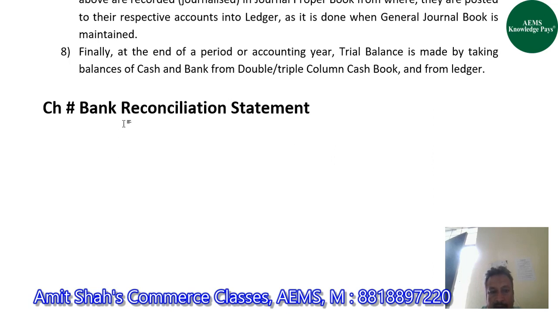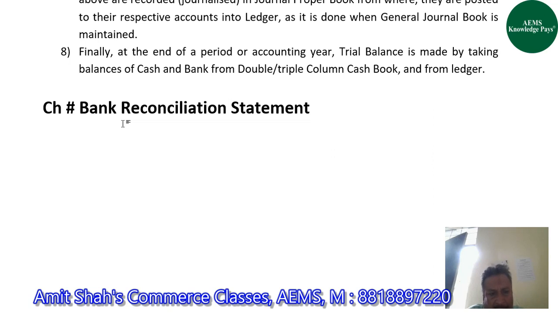Okay. So whatever transactions we do with our bank and through our bank, for that we make, in our business books, either a bank account in the ledger or a double or triple column cash book, in which we have a separate bank column. The same way, bank also makes our account in its own ledger, right?